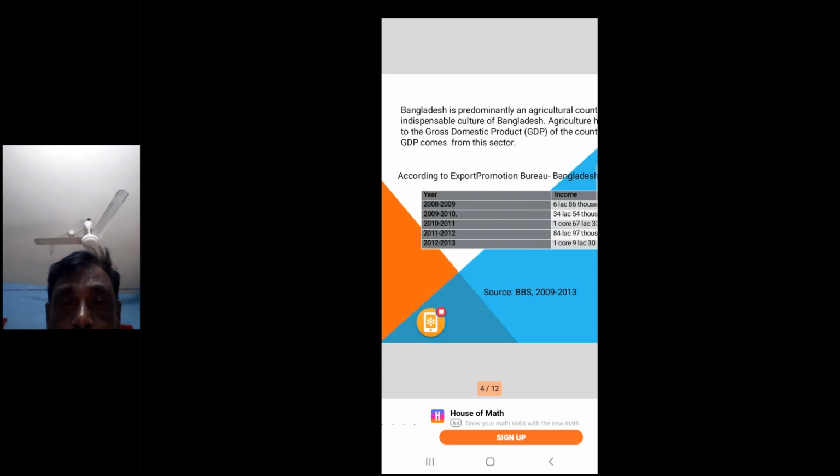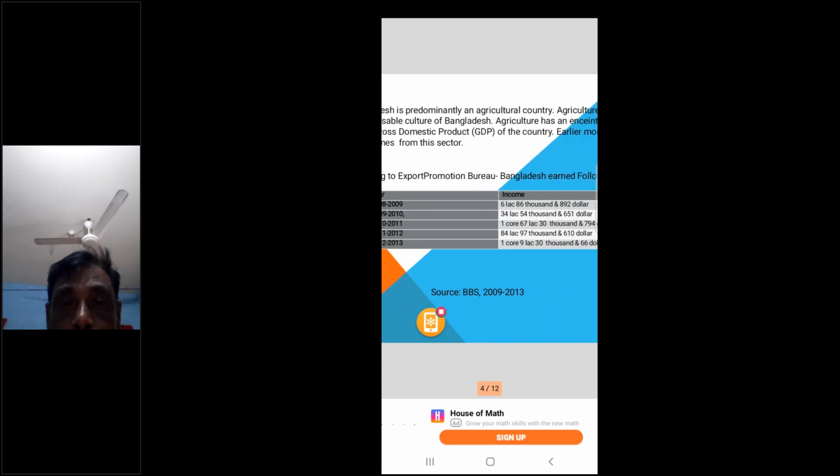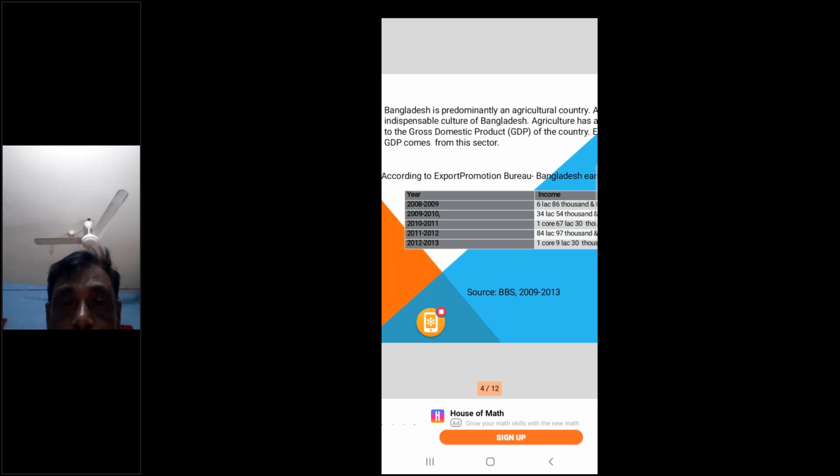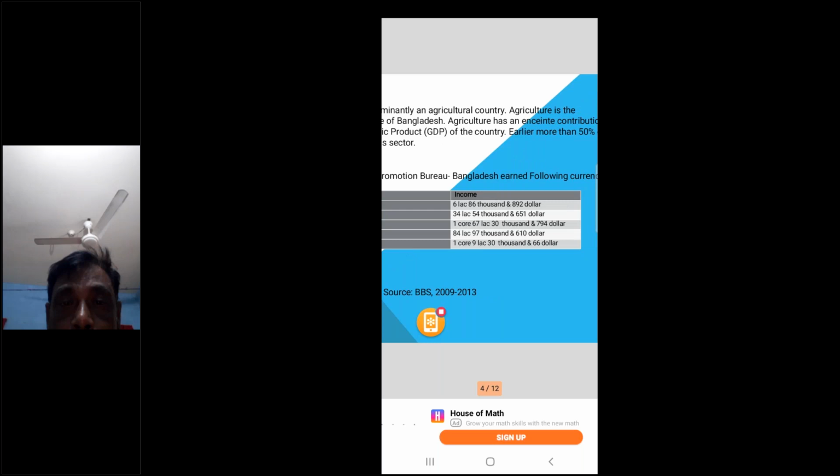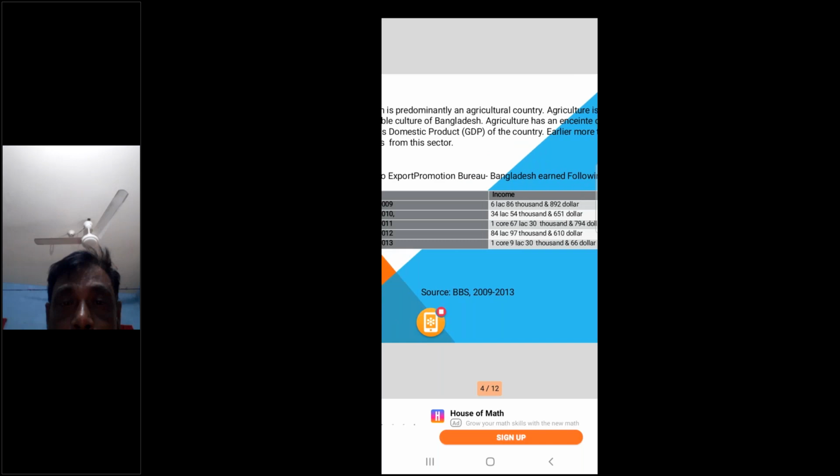In 2009 to 2010, Bangladesh earned 34 lakh 54,651 dollars. Lastly, in 2012 to 2013, Bangladesh earned from foreign currency 9 lakh 30,062 dollars. The source is collected from the Bangladesh Bureau of Statistics, 2009 to 2013.